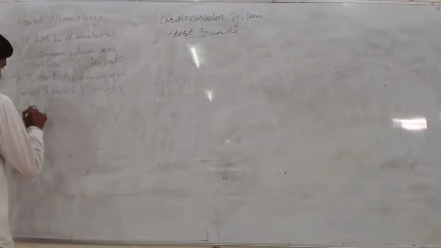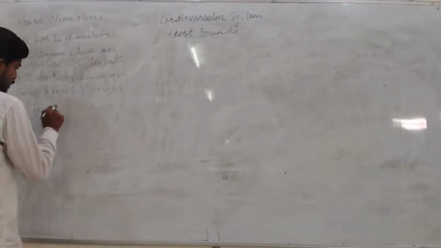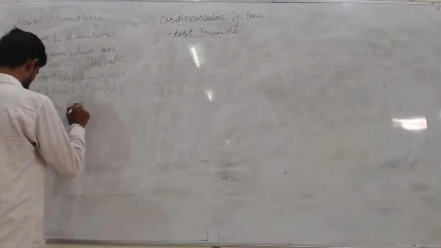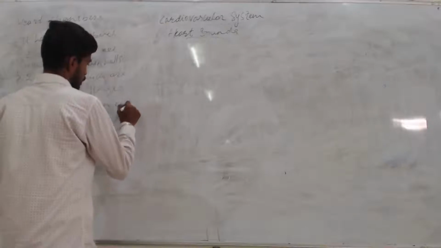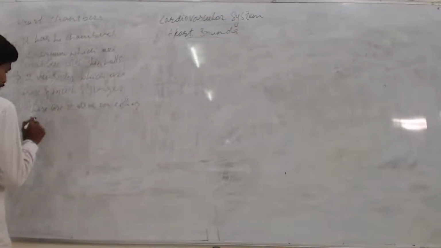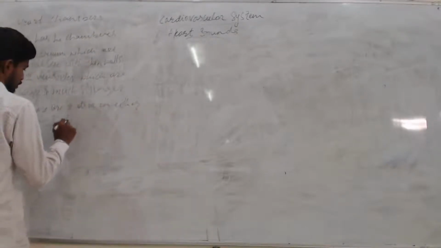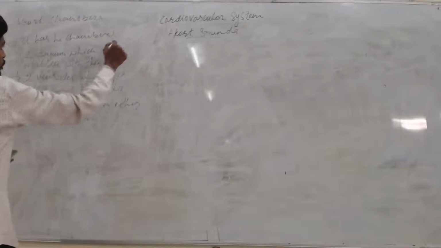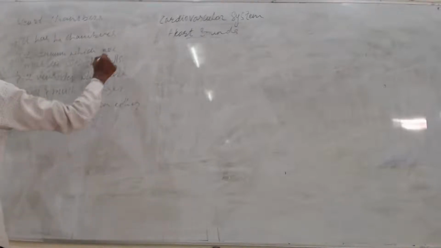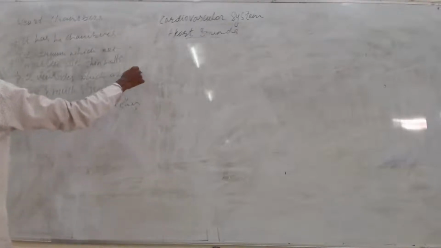There are two atria on either side of the heart. First, the heart has four chambers, two atria and two ventricles.